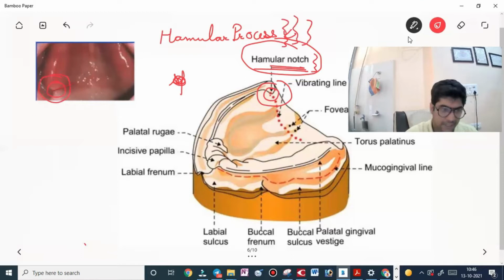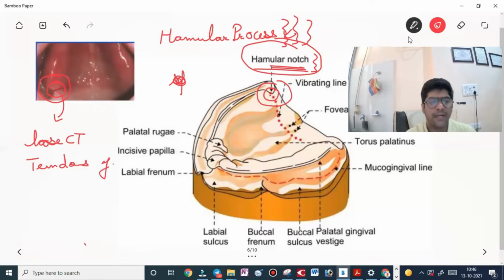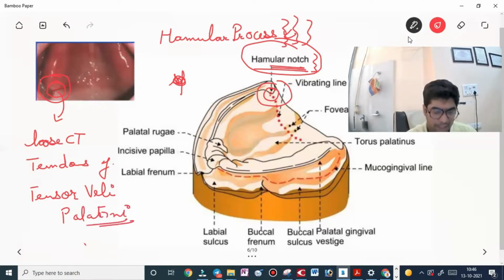So it contains loose connective tissue and the tendon of tensor veli palatini muscle. The position of this membrane changes with the mouth opening, and therefore it should be recorded accurately during the impression making.